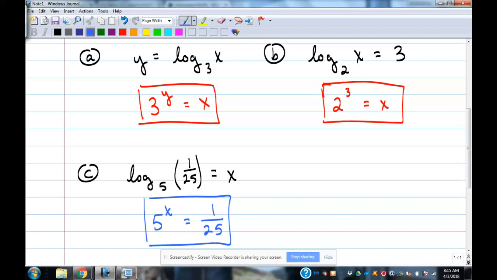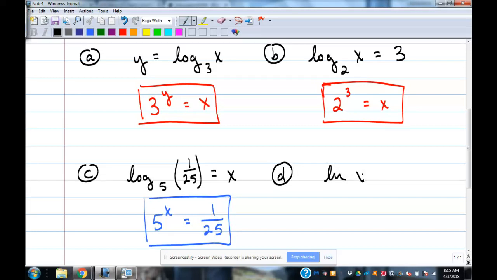And then being able to rewrite that logarithm as an exponential like that would allow us to do some tricks with exponents that we know stuff about to solve a logarithmic equation. Okay, so there's a lot of benefits to being able to rewrite here.